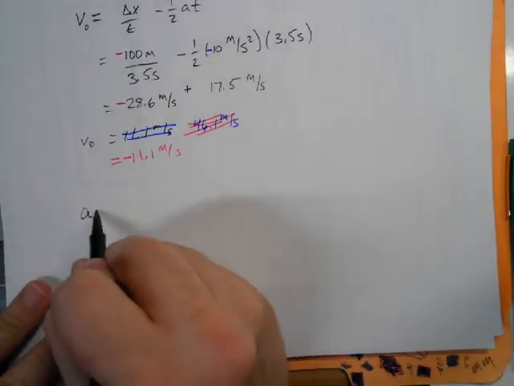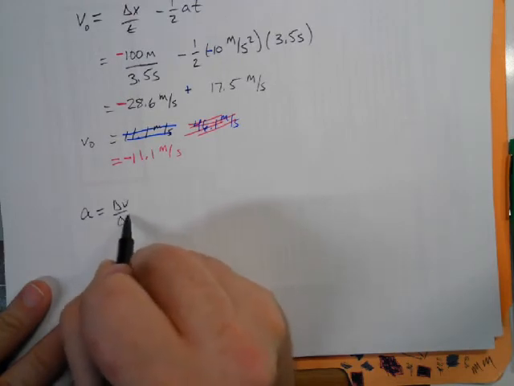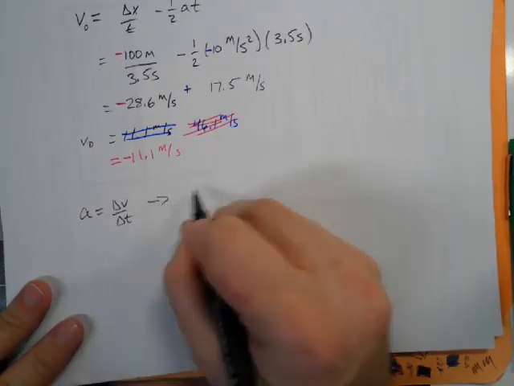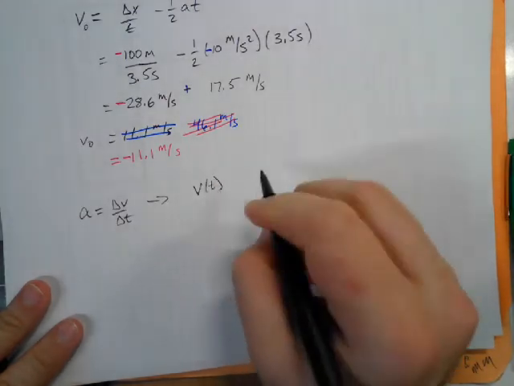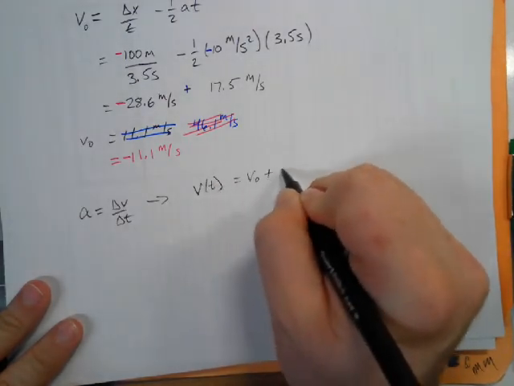From acceleration is change in velocity over change in time, or dv/dt, we'll have v at some time t is v initial plus at.